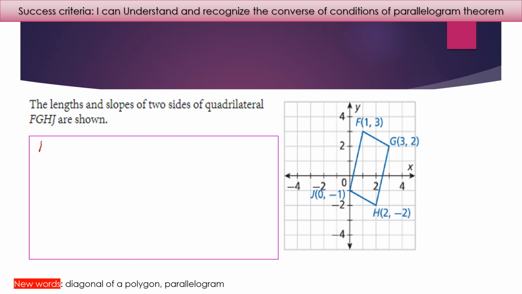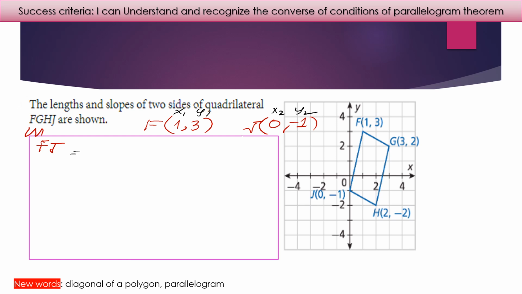We are trying to find the slope of FJ. The coordinates of F are (1, 3), and the coordinates of J are (0, negative 1). Name them x1, y1 and x2, y2.